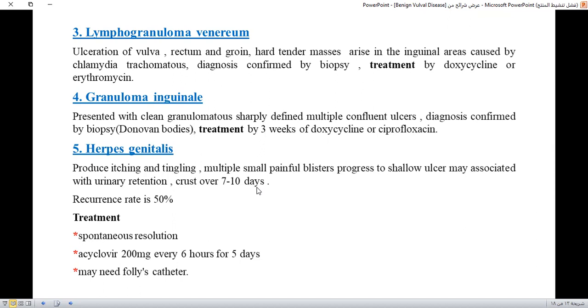Crust over 7 to 10 days. Recurrent rate is 50%. Either spontaneous resolution or needs acyclovir every 6 hours for 5 days, and may need a Foley's catheter because of urinary retention.